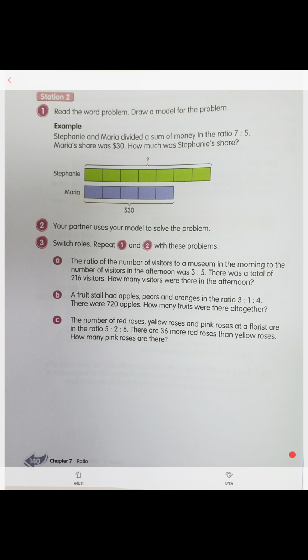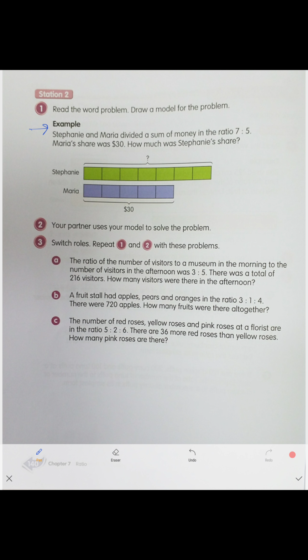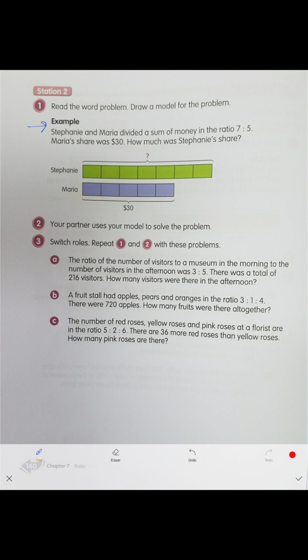Okay, next page. I'm just going to explain the first example problem. Stephanie and Maria divided the sum of money in the ratio 7 to 5. Maria's share was $30. How much was Stephanie's share? The ratio was 7 to 5, and we can see that Maria has 30.